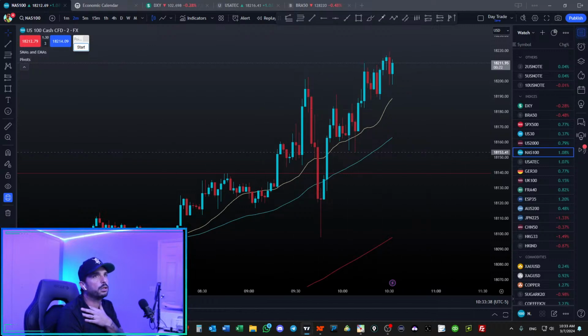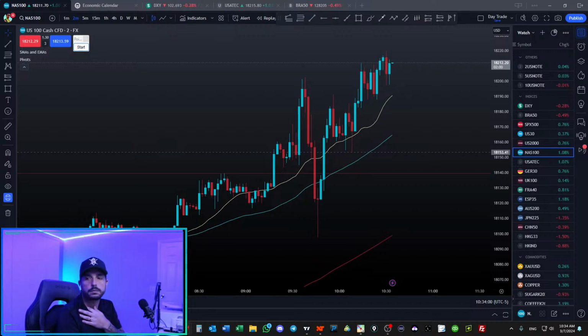Very strong market, so it's going to be hard to find interest. Very strong market overall.